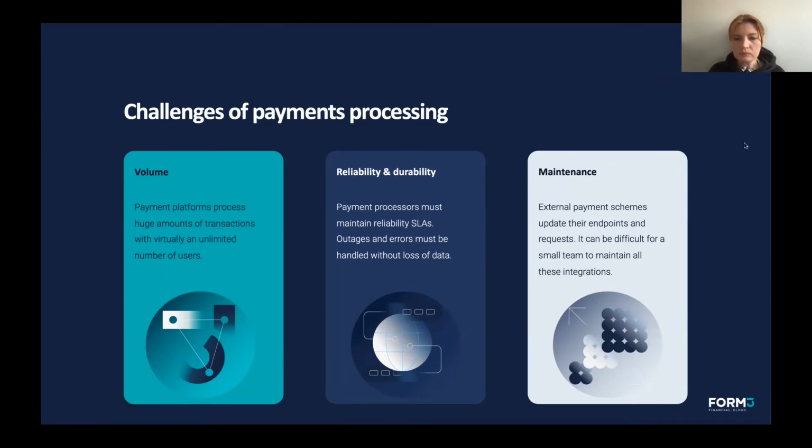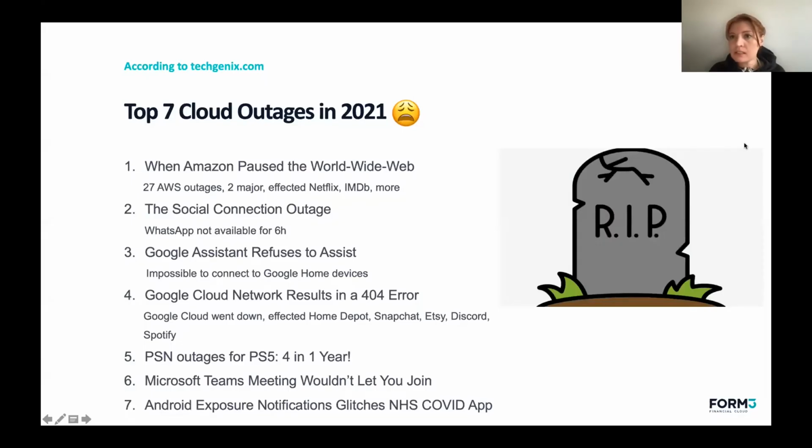So that's why we invest in cloud and multi-cloud, especially when you take a look at last year's top cloud outages. Here you can see the top 7 outages in 2021, according to techgenics.com.